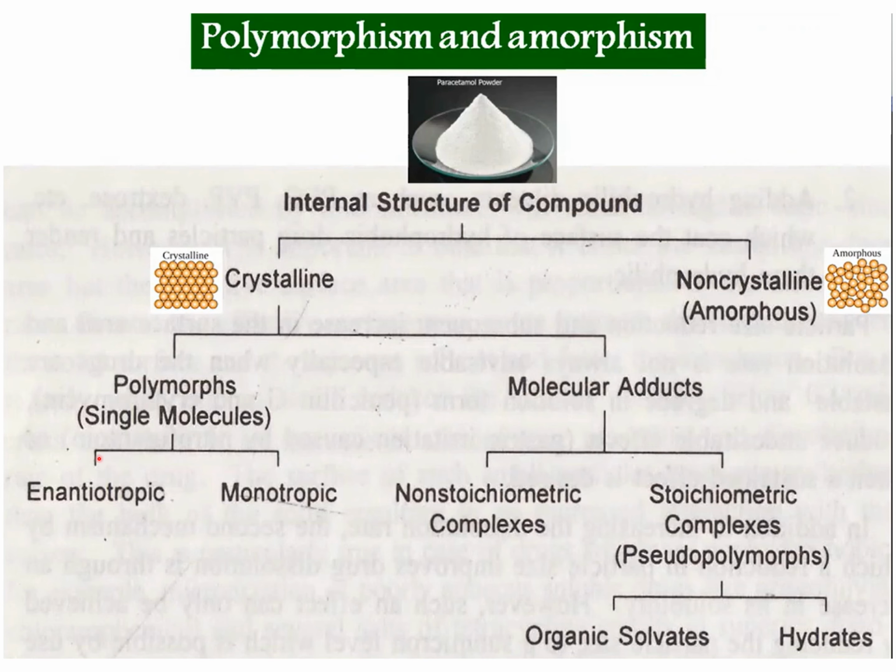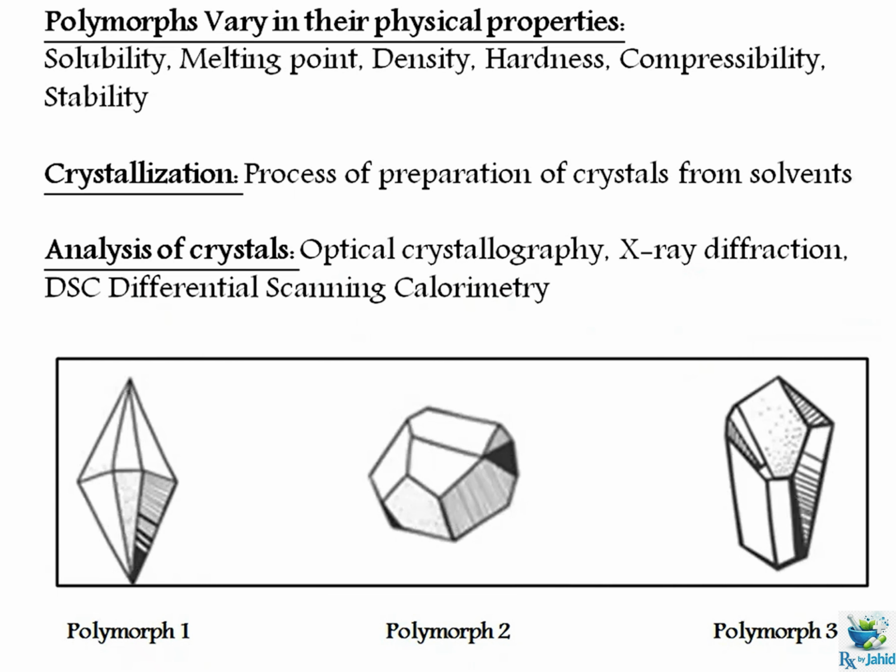Polymorphs are enantiotropic or monotropic, and molecular adducts are non-stoichiometric and stoichiometric complexes. Stoichiometric complexes are also called pseudopolymorphs. These can be of two types: organic solvates and hydrates. We'll discuss all of this later.